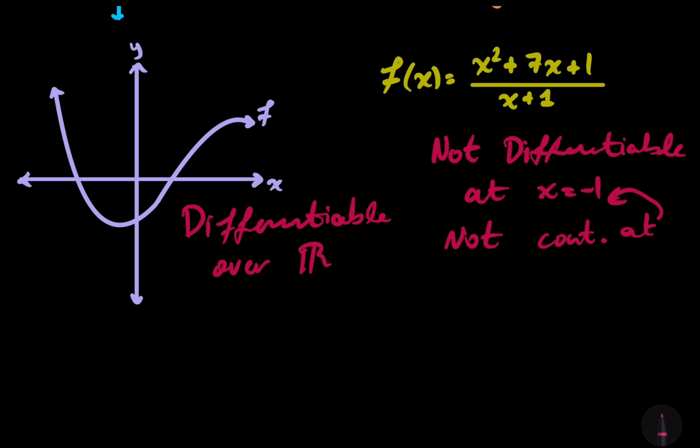If we were to input f of -1, then we would be dividing by 0, and so we aren't going to be continuous at this point. And so we could say that we are differentiable everywhere except for x equals -1, because rational functions generally will be smooth curves except wherever they have asymptotes, so we won't have any sharp turns, but we aren't continuous at x equals -1, so we aren't differentiable at that point.